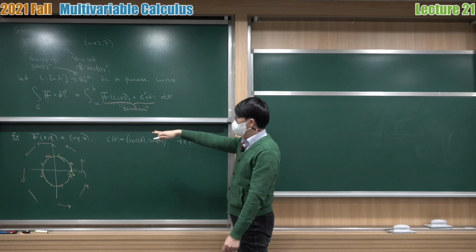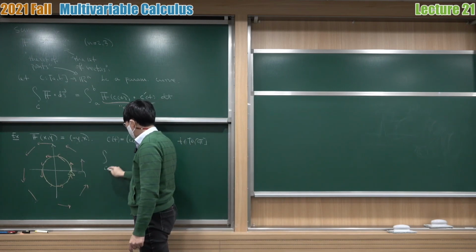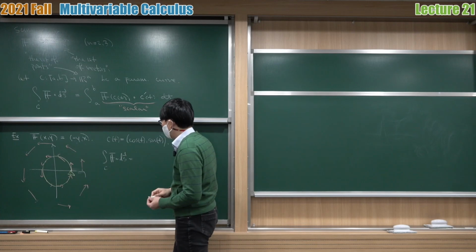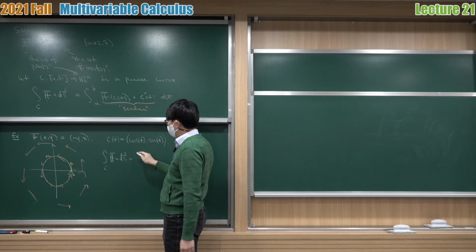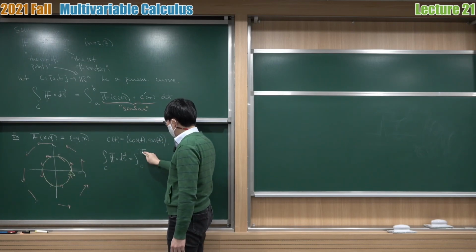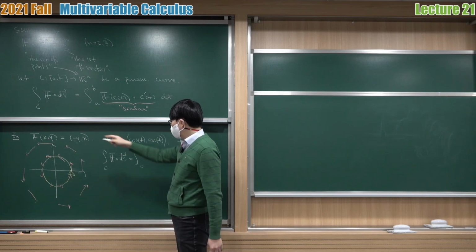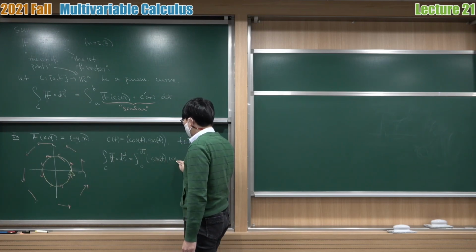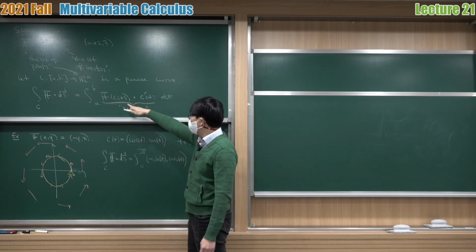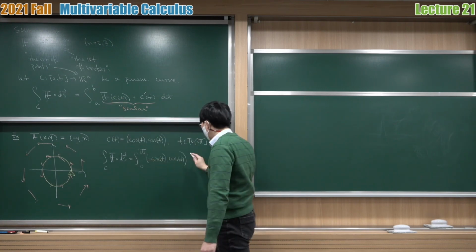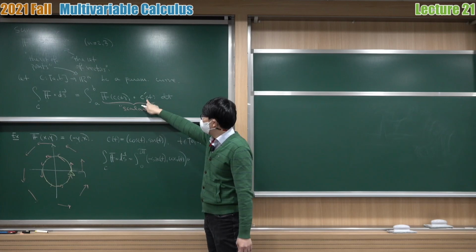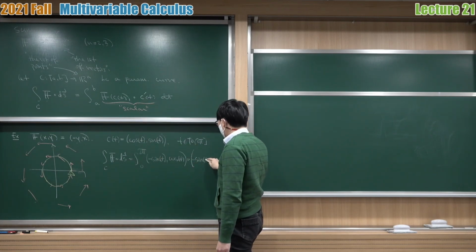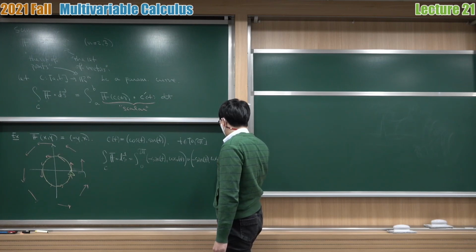So let's try to find the line integral along this curve. Just plug in numbers there. I have the integral from 0 to 2 pi, and plugging in, I have (-sin t, cos t). That's f(c(t)), and then the inner product with c prime t, which is (-sin t, cos t).